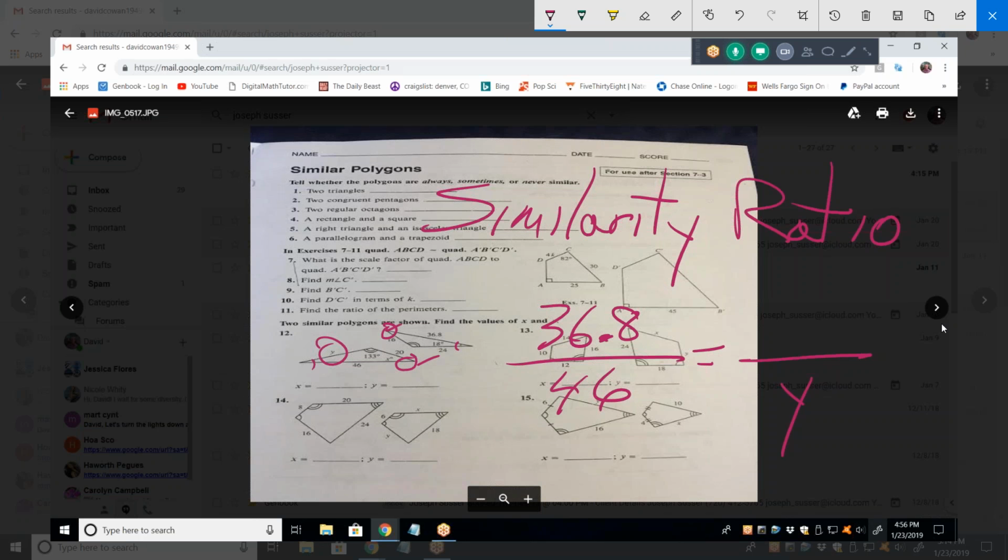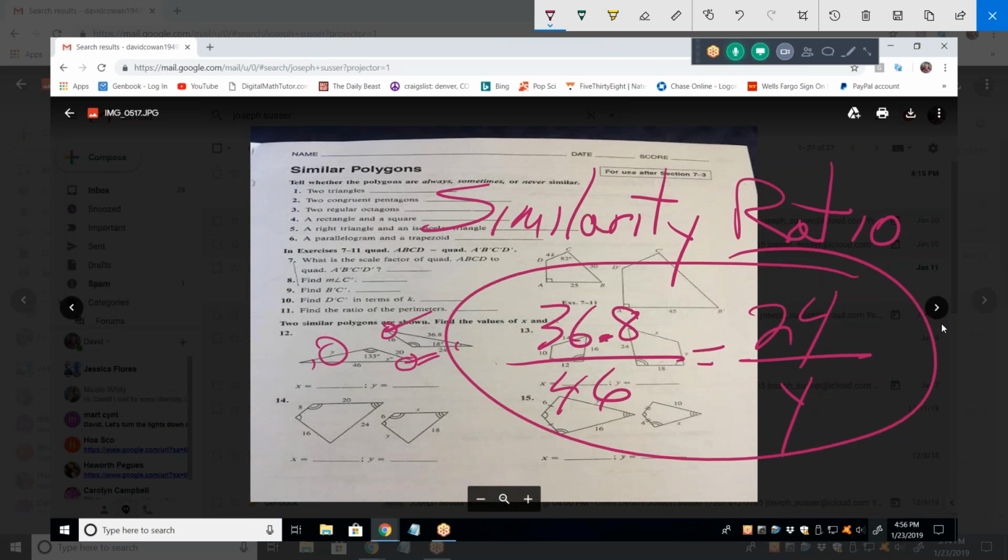So this is the same as that. And opposite y is 24. Now we just have to solve that. You can go ahead and do that on your own.